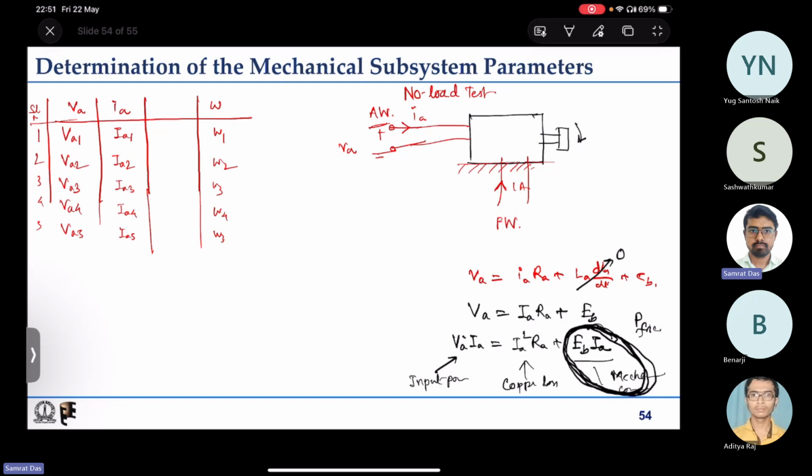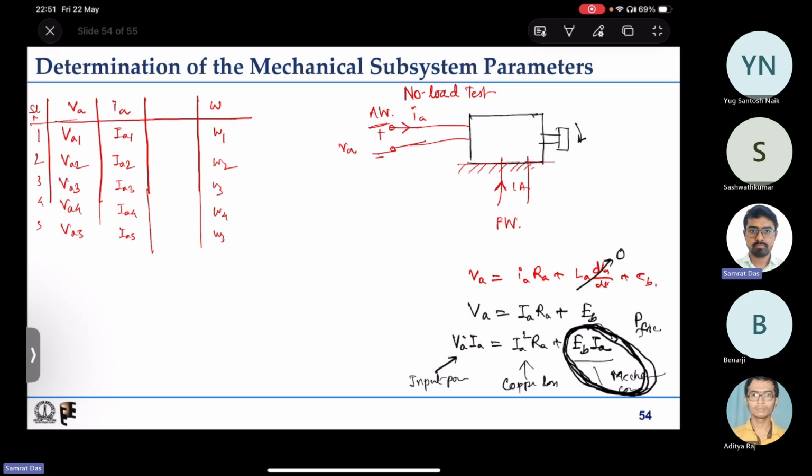For all practical purposes, the core loss can be neglected, and whatever EB into IA, other than the copper loss, is mostly due to the frictional torque, to overcome the friction, because there is nothing else other than this.